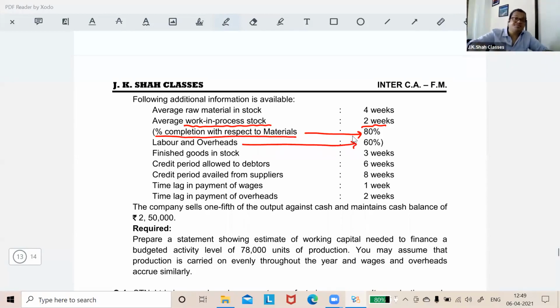So what will we do this time? 80, 60, 60, as told in the question. If nothing is told in the question, then what do we do? We take 100, 50, 50. Now, instead of 100, 50, 50, we will go with 80, 60, 60. Absolutely clear to all of you? Okay.